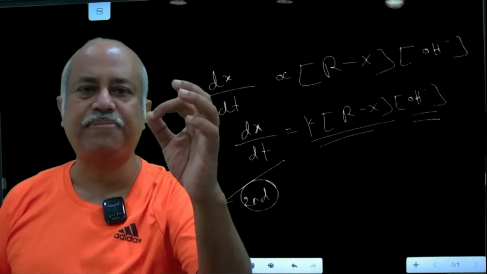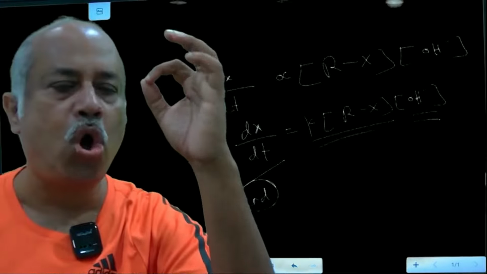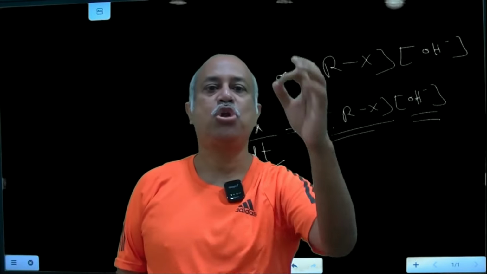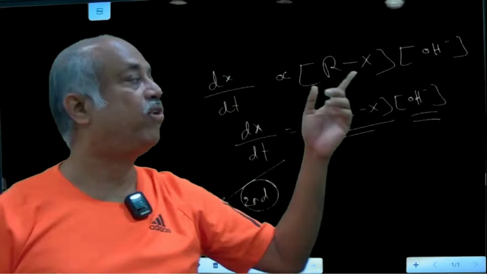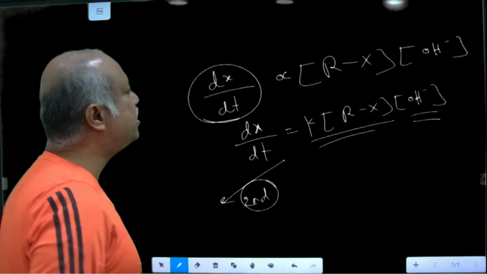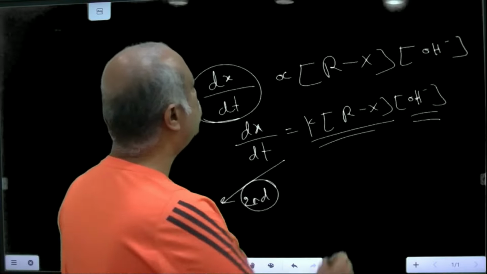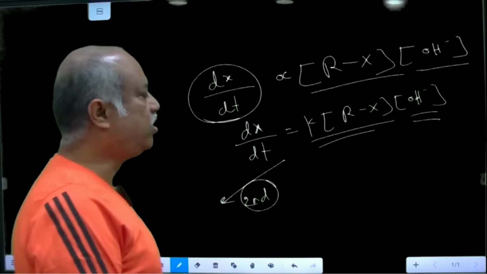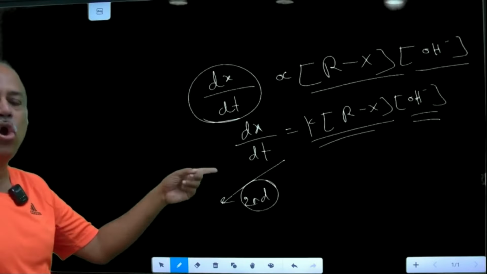No rearrangement reaction, no stability of carbocation, no resonance stabilization for the SN2 mechanism. For this reaction, dx by dt is directly proportional to both the concentration of alkyl halide and OH minus. For this reason, this is second order chemical kinetics.